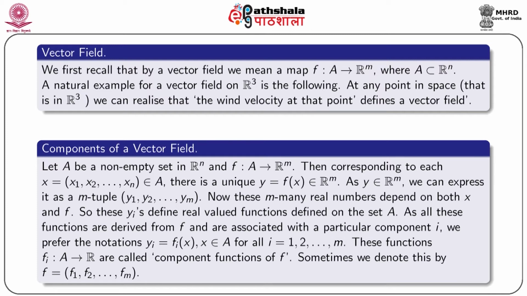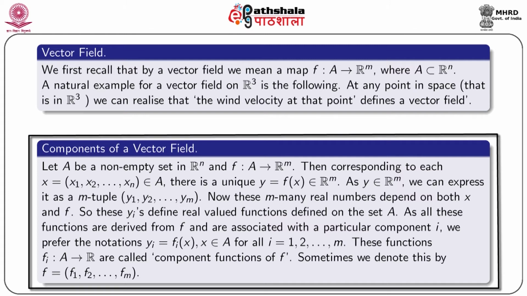Now, we are going to describe what we mean by components of a vector field. Let A be a non-empty set in Rn and F a map from A to Rm. Then corresponding to each x, an n-tuple which is a member of A, say x equal to x1, x2 up to xn, there is a unique y equal to f(x) in Rm.